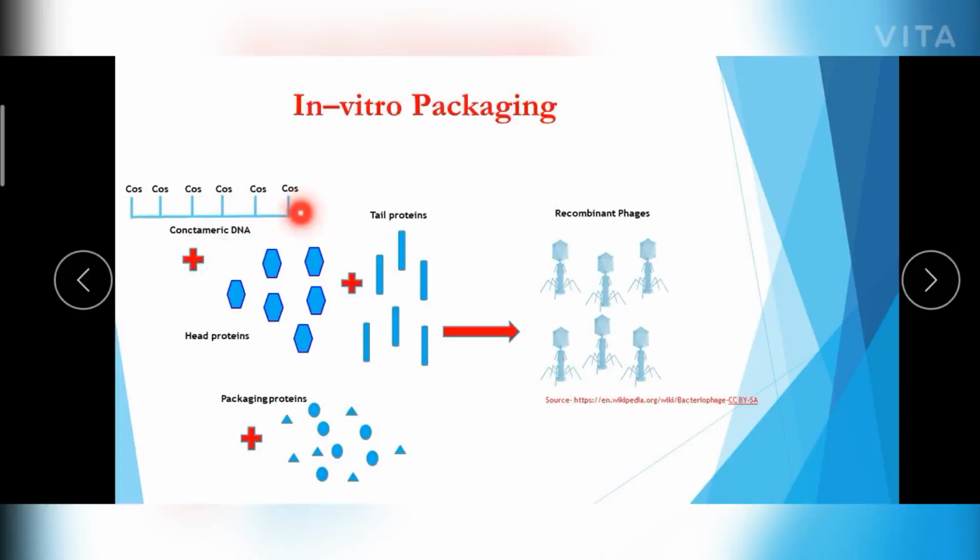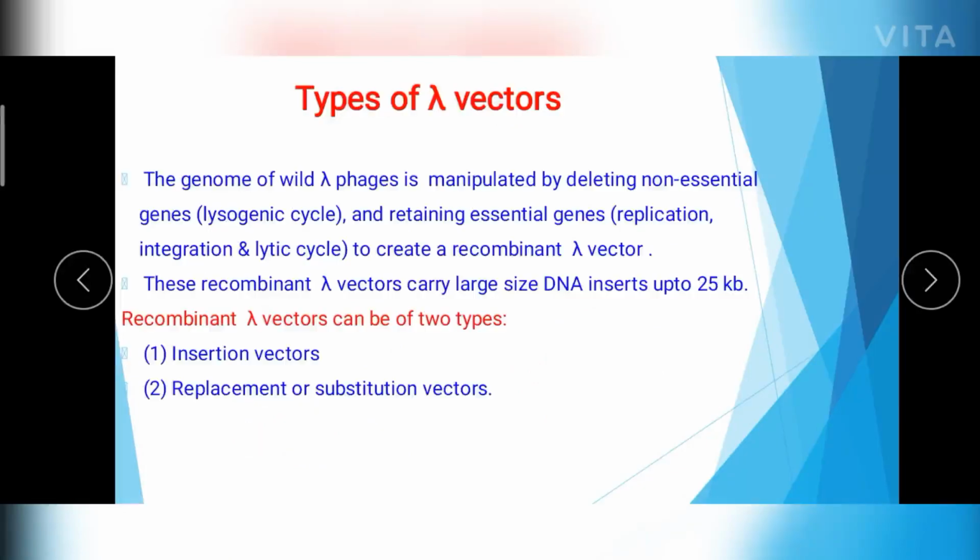So when this concatameric DNA is digested with the restriction enzyme, individual phage genome units are released and they get packed into the heads, each head taking one lambda phage genome unit, and then the tail comes and attaches to the head. With the help of the packaging proteins, you get a complete viable recombinant phage which is now ready for gene cloning experiments.